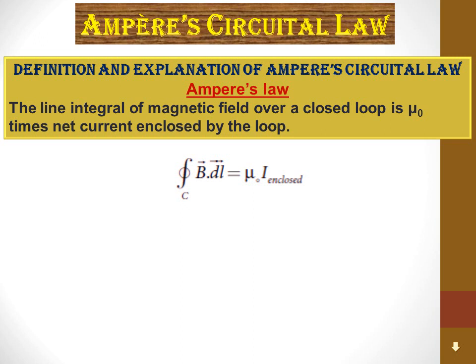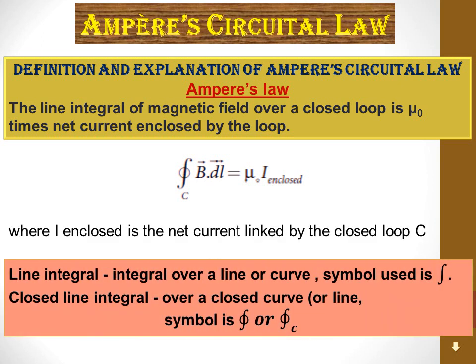Now, the definition and explanation of Ampere's circuital law. The line integral of the magnetic field over a closed loop is mu naught times the net current enclosed by the loop. That means this is the line integral over a closed loop, and closed integral of B dot dl is equal to mu naught into I enclosed.